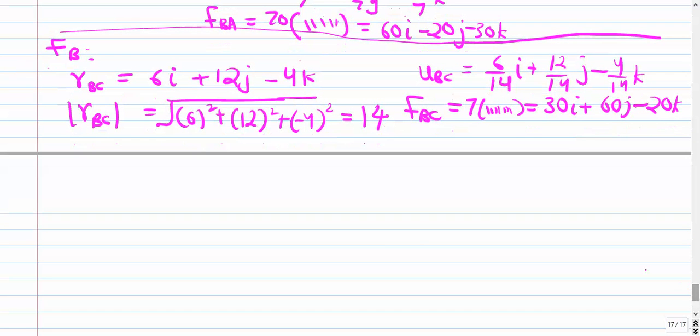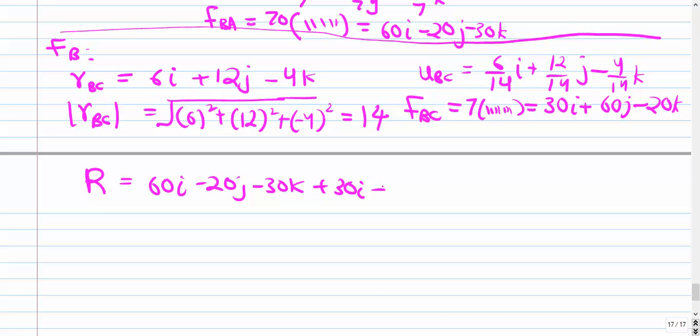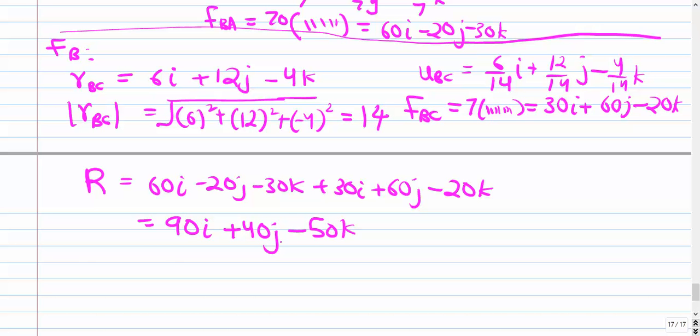Now that we have both our force vectors, we can add them up to get the Cartesian form of the resultant. That is going to be equal to 60i minus 20j plus 30i plus 60j minus 20k. We have 90i plus 40j minus 50k.